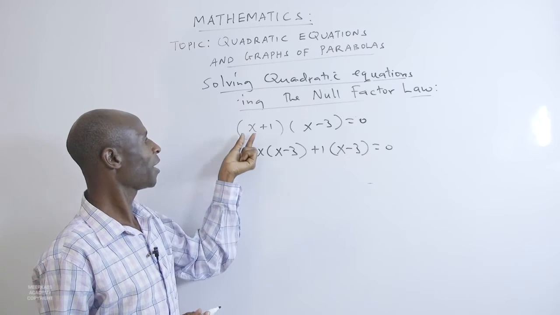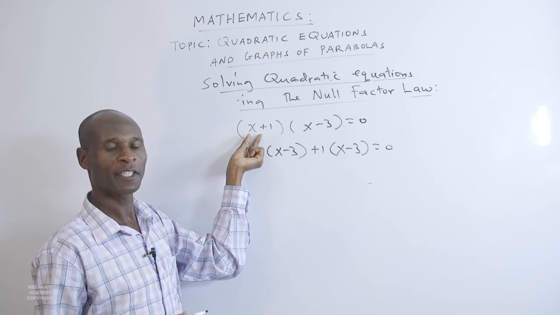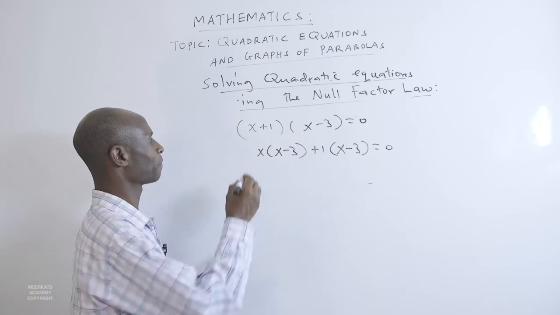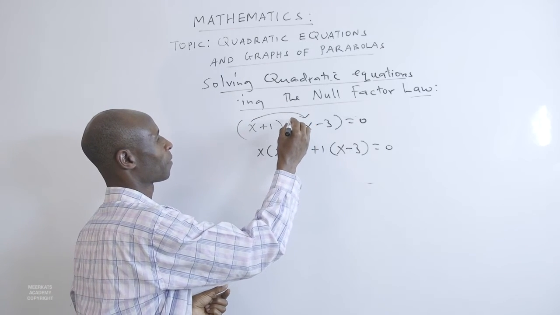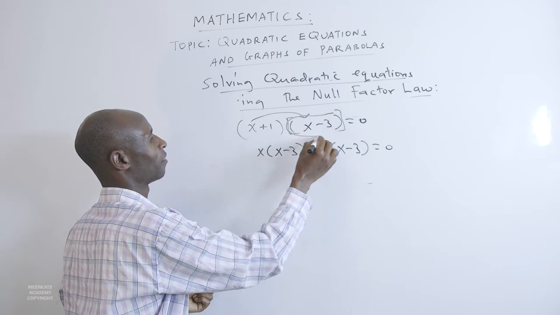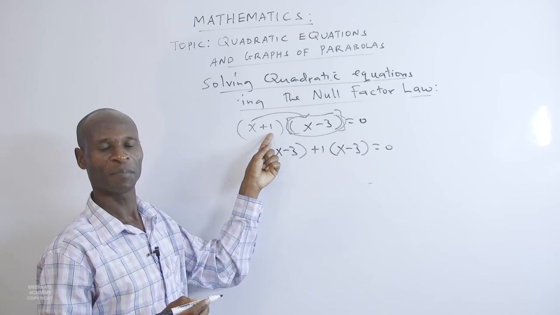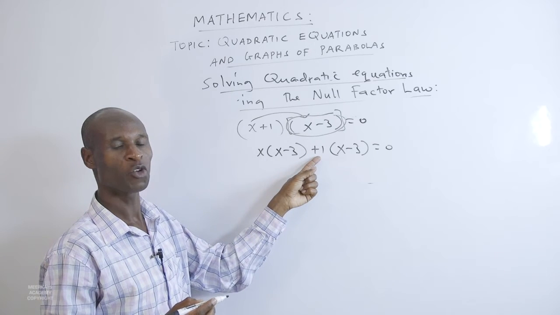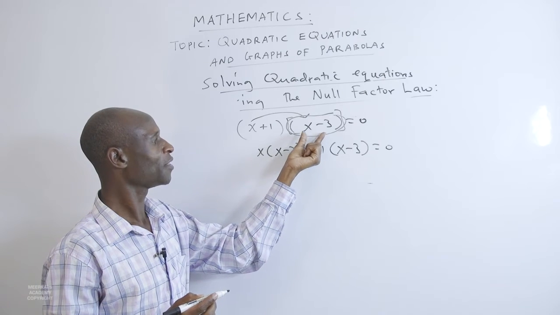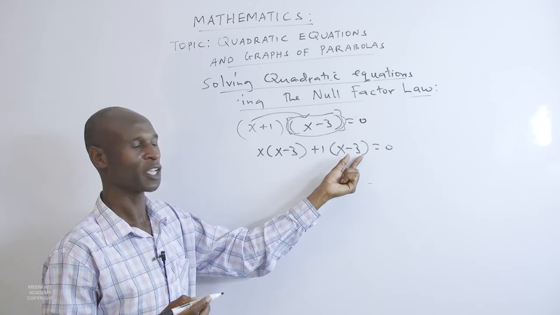So class, to expand x plus 1, x minus 3 is equal to 0, we first of all take the first term in the first bracket, which is x, multiplied by the second bracket. Then we take the second term of the first bracket, which is positive 1, and we move with the sign, multiplied by the two terms in the second bracket, x minus 3, which is 0.